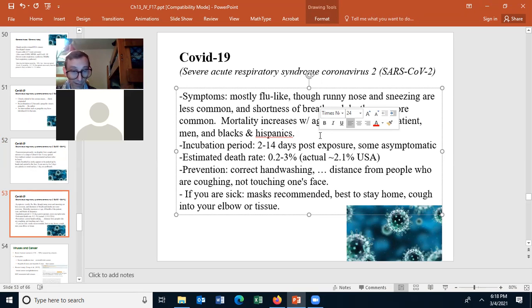So their first line of their immune system is very strong, and what it does is it attacks the virus very quickly and frequently can get rid of the virus with a non-specific defense.